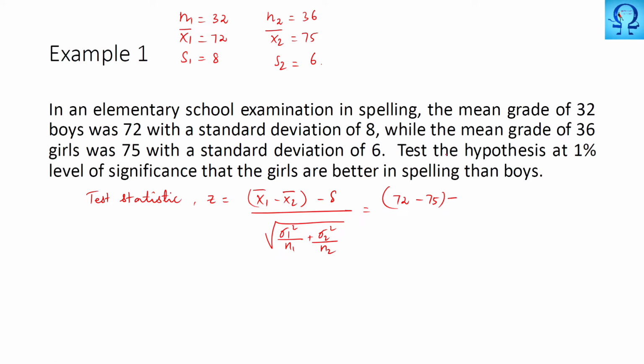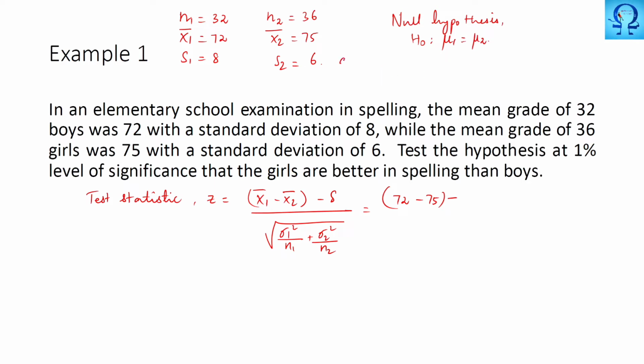Here the question is to test the hypothesis at 1% level of significance that the girls are better in spelling than boys. Now we need to write out the hypothesis, right? What would be our null hypothesis? Generally we don't need to do anything to justify the null hypothesis, isn't it? So we would say they have the same average.